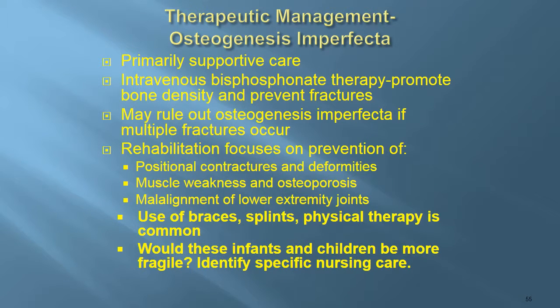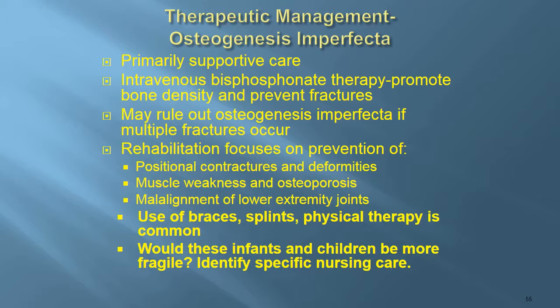The therapeutic management of osteogenesis imperfecta is primarily supportive. Treatment with intravenous bisphosphonate therapy promotes bone density and prevents fractures. The nurse may rule out osteogenesis imperfecta if a child has multiple fractures, such as in a child abuse investigation.